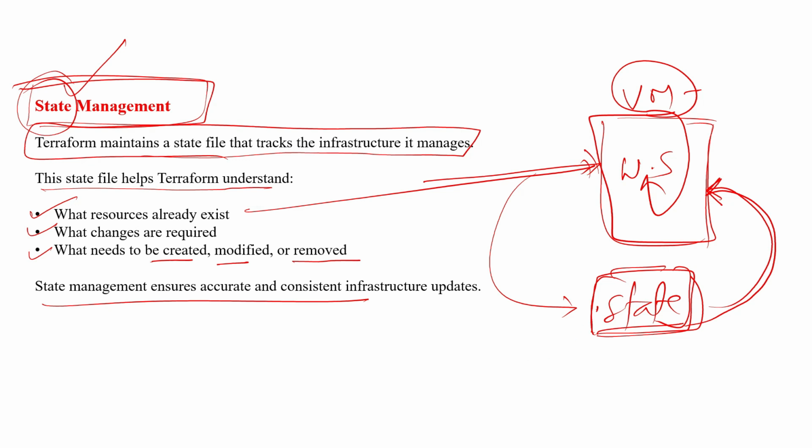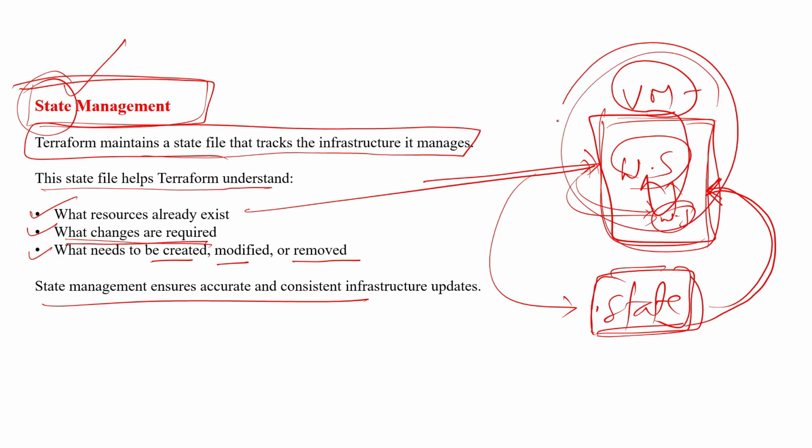Now suppose that you are going to change some resources in your machine. Here you have a web server, and you are going to configure or update some parameter, or maybe you are going to install one more web server. When you run the Terraform files again with the modifications, Terraform easily understands what changes are required based on the configuration files. It is not going to touch any of the existing environment.